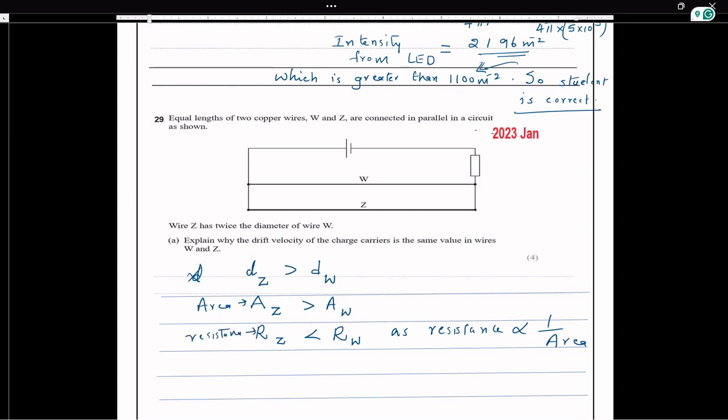So the resistance of Z is less than the resistance of wire W. Since the resistance of Z is less, the current through Z will be definitely more than the current through W because its resistance is less.